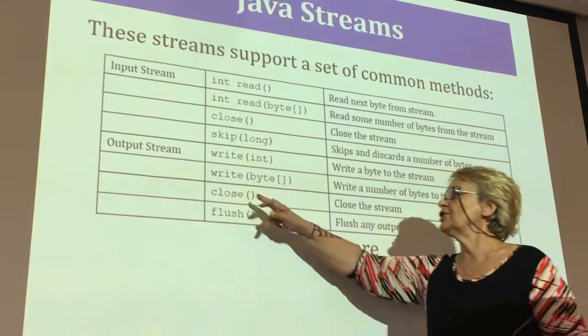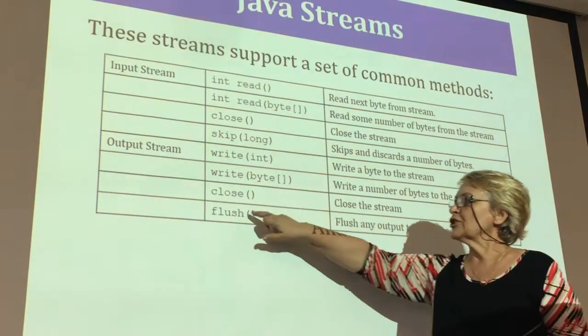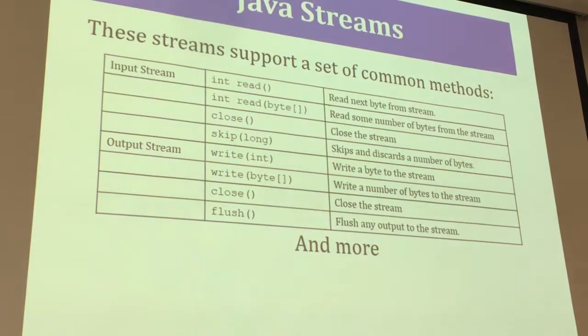So close is linked with some action behind the scenes, which if you don't perform, you might get in trouble, because you might, for example, open a file for reading and then want to close it and open it again for writing. It's possible. But if you don't close it, you can't continue. And notice that flushing is only defined for output streams.